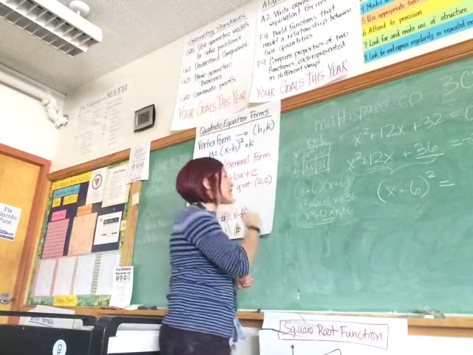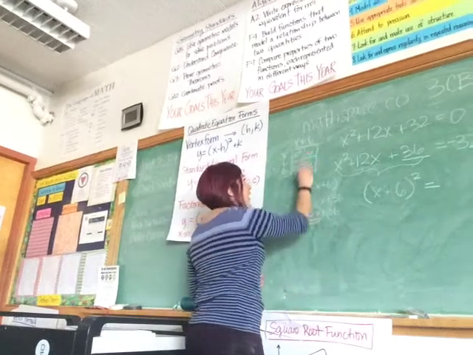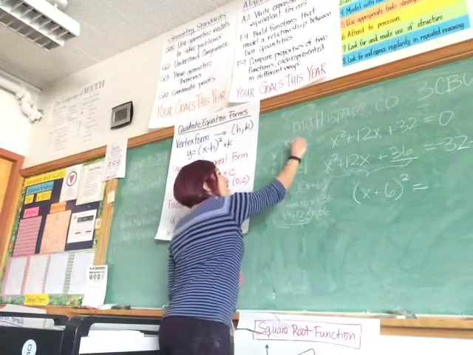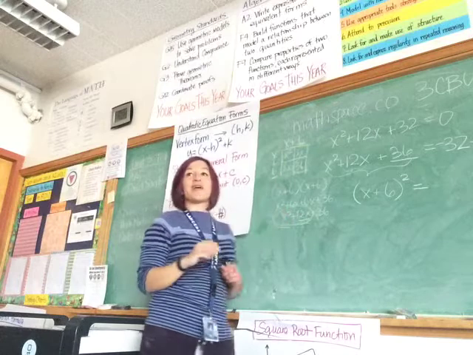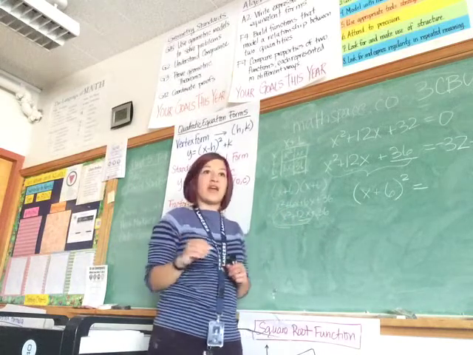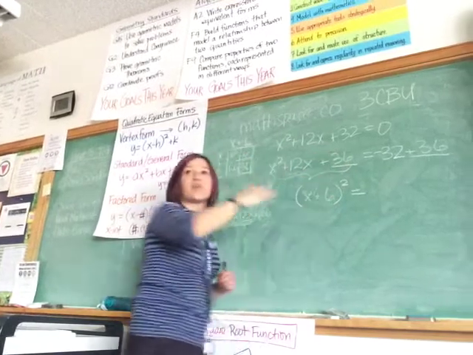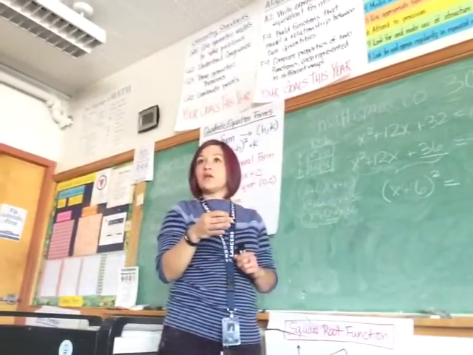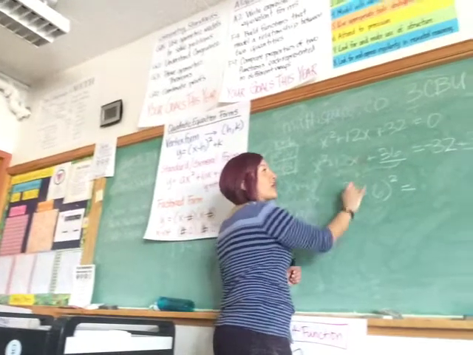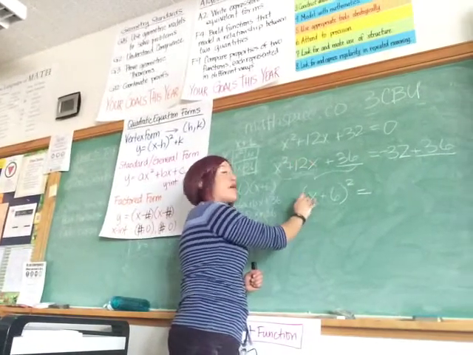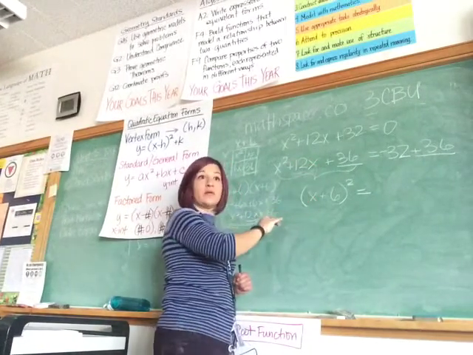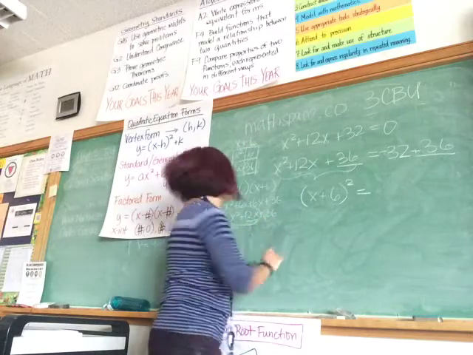Yeah. Now that being said, that means I also am going to have that number squared as my constant. So because I put 6 here, the blank has to be 36, because these two things are equal. That's how I can go from this step to this step. You don't have to do all this.